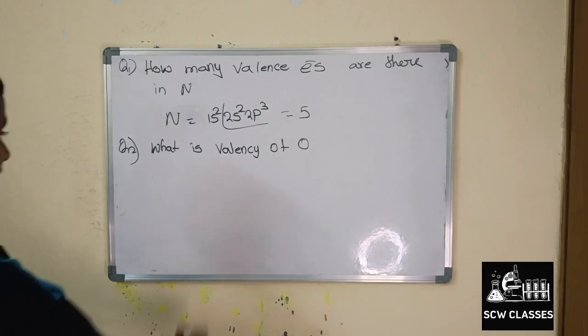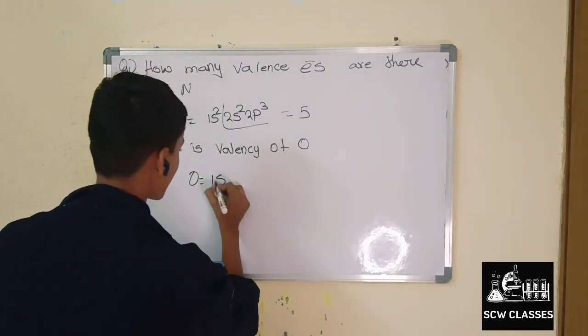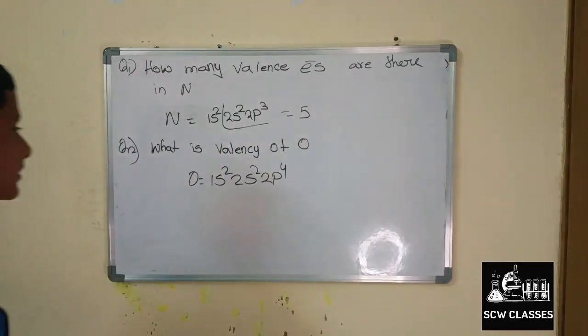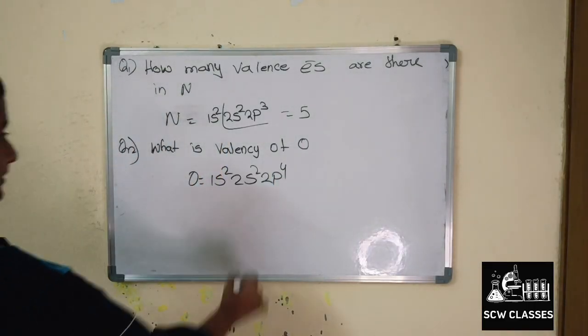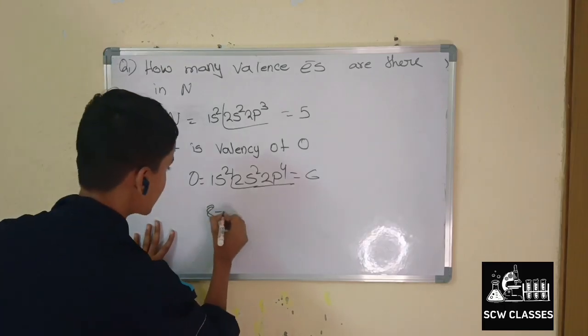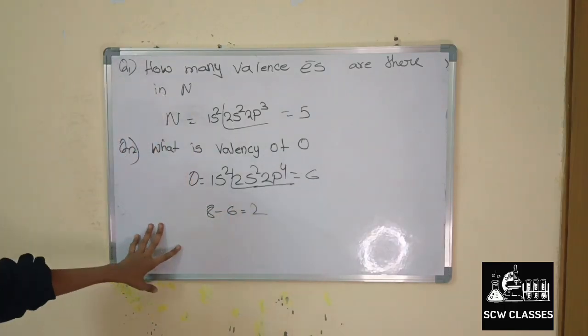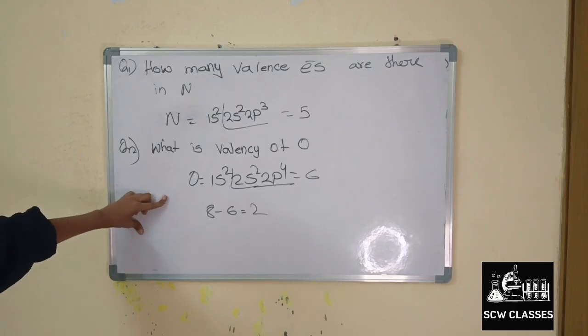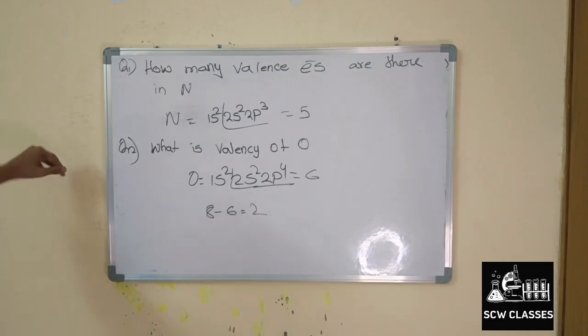So now the oxygen electronic configuration: 1s2, 2s2, 2p4. Clear? It has 6 valence electrons, so 8 minus 6 is 2. Oxygen valency is 2.